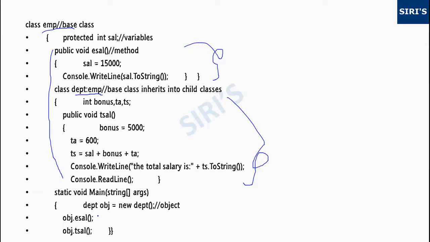Using this we create an object obj for eSal, which will call the method from here, and the eSal method will display the salary values, and the total salary value in the string, so that the output is seen.